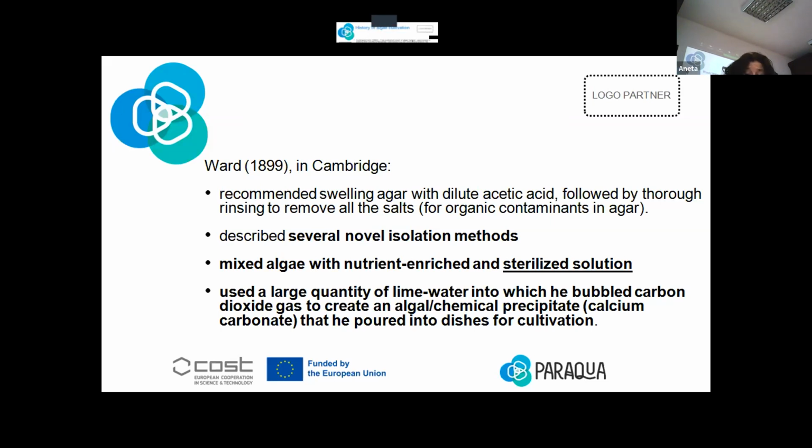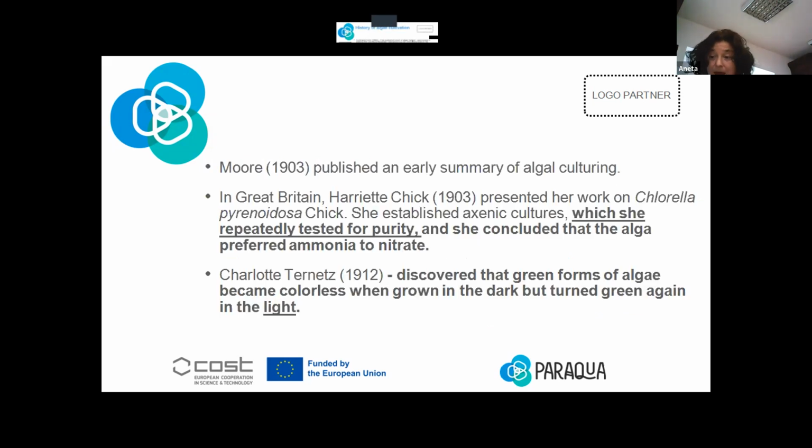So they also started with carbon dioxide at that time, and pure dishes for cultivation. So this was something about hygiene. And at the beginning of the 20th century, Moore published the first summary of algae cultivation.